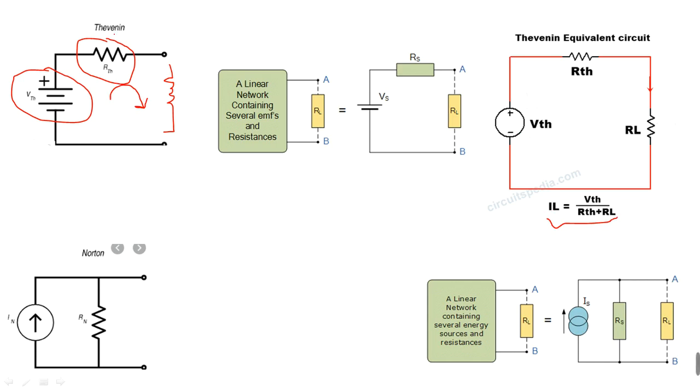Now, why Norton's theorem? When we already have Thevenin's theorem, we can find current anywhere. Why Norton's theorem? Because you all know, you have studied in sixth semester, there is so much change of load, and as the load changes, there is a drop in the voltage on the load side.